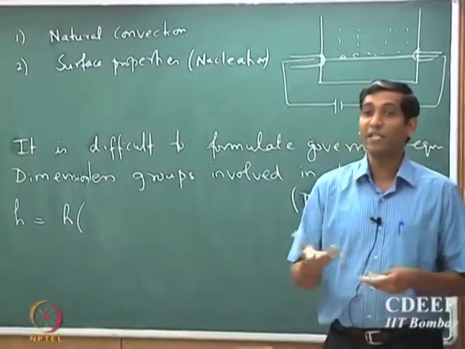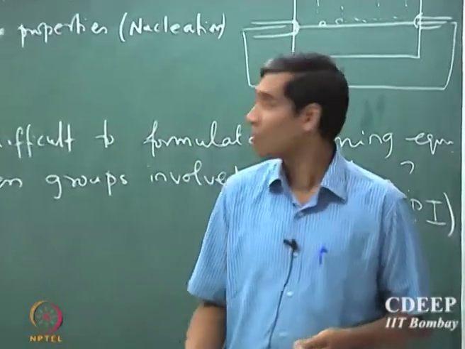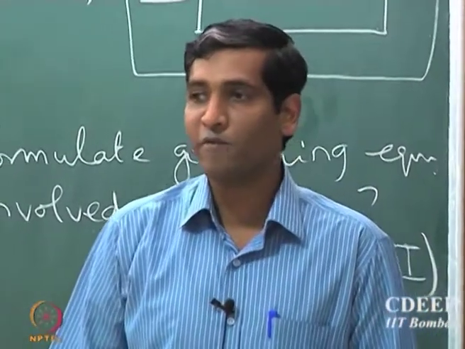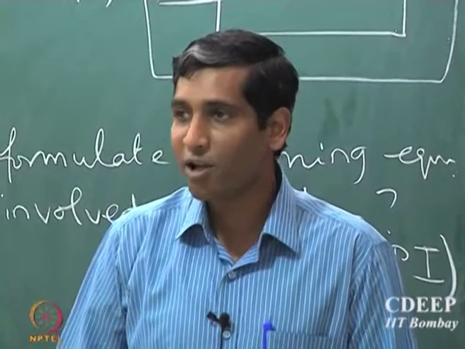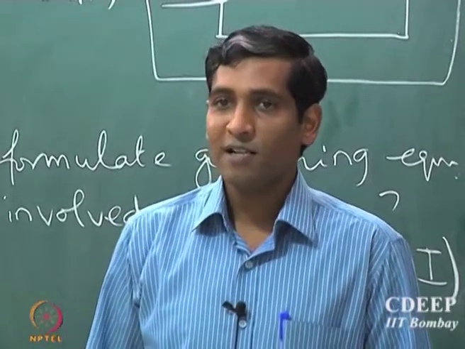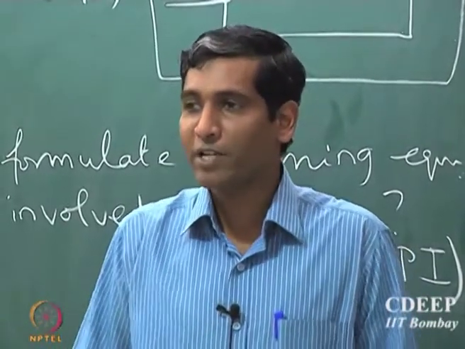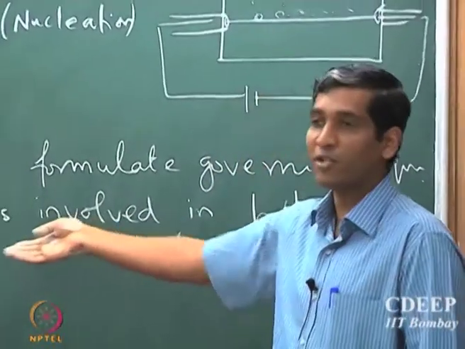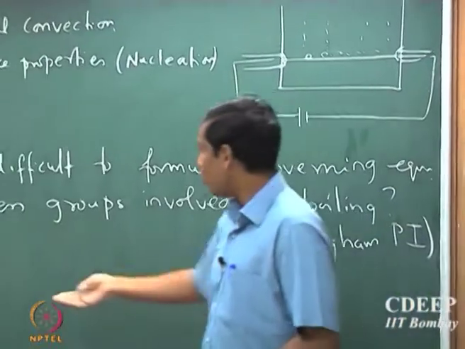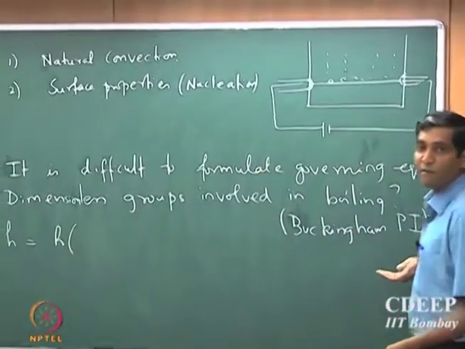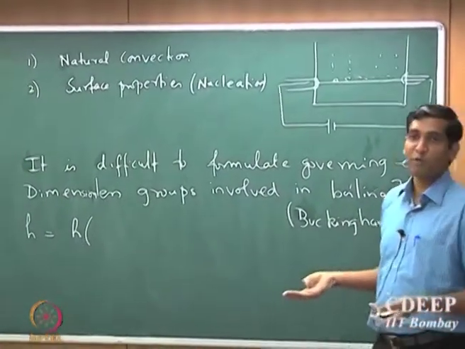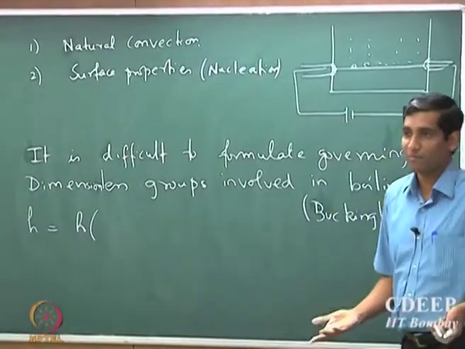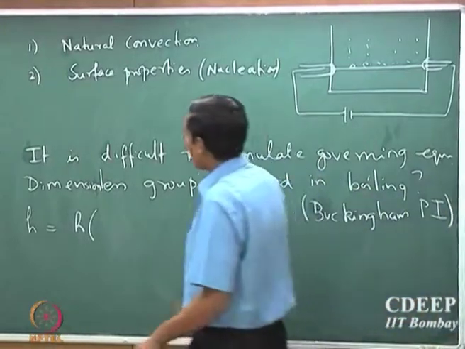What are the different quantities or properties of the fluid which are going to influence the heat transport coefficient? Remember that all the dimensionless numbers we got are combinations of properties of the fluid, right? So the objective is to find out what these dimensionless groups are.